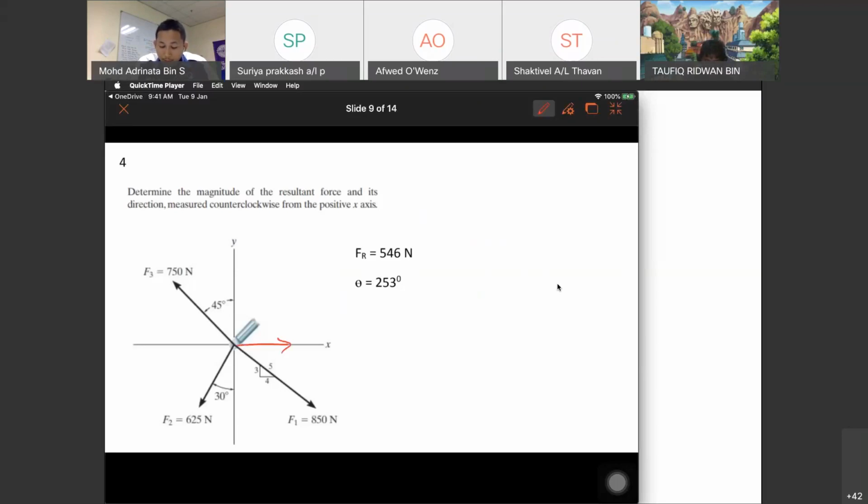F1x equals 4 over 5 times 850, and F1y equals 3 over 5 times 850.